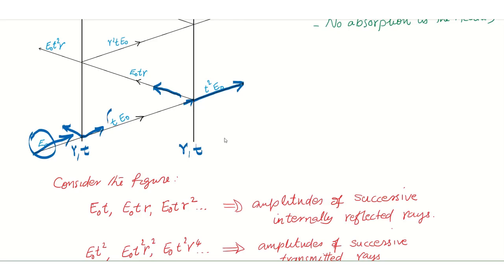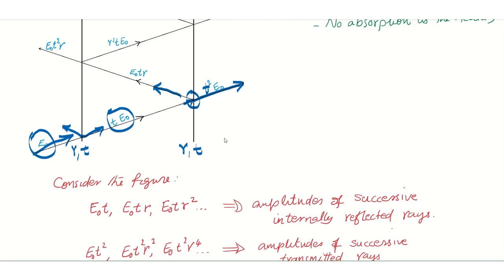The transmitted electric field here is E0 T, and when it comes to this point, it's again transmitted. That means T into T, that is T square E0.